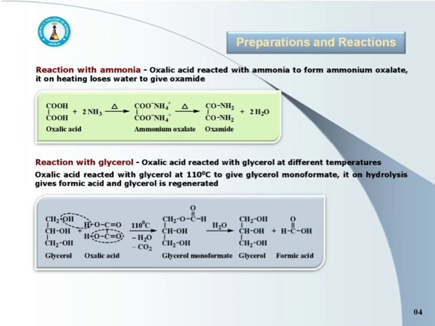Glycerol and oxalic acid combine with elimination of water and CO2 at 110 degrees centigrade to give glycerol monoformate. This glycerol monoformate then hydrolyzes to produce glycerol and formic acid. Thus, oxalic acid gets converted to formic acid at 110 degrees centigrade.